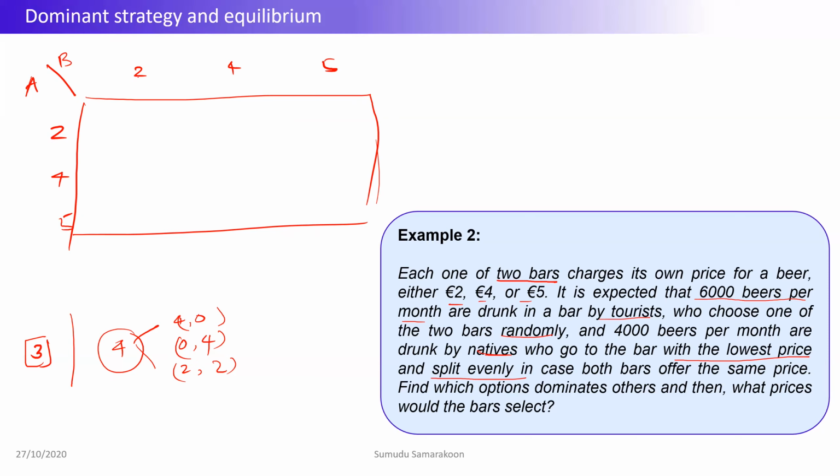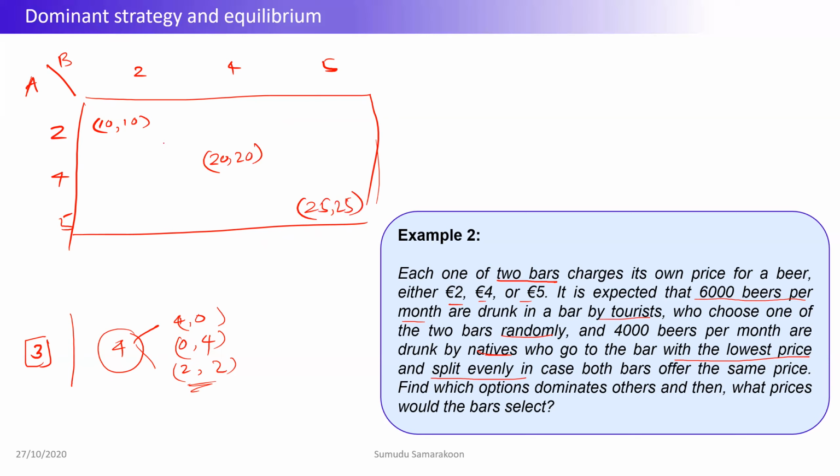If the price is equal, they get an even number of tourists and an even number of natives. So it is 5, and both are getting 10 and 10 in thousands. If they get 5,000 and the price is the same, they get 20, 20, or 25, 25.